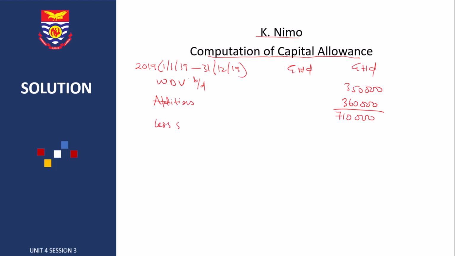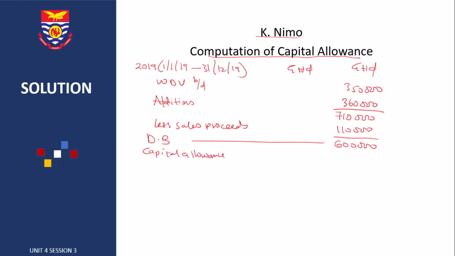Then we made some sales. We sold forklift for 110,000. So sales proceeds 110,000. When we less, we have 600,000, and this is our depreciable basis. Now we compute for capital allowance. Like we said, motor van, forklift, they are class 2 assets. So we are going to get 600,000 times 30%.